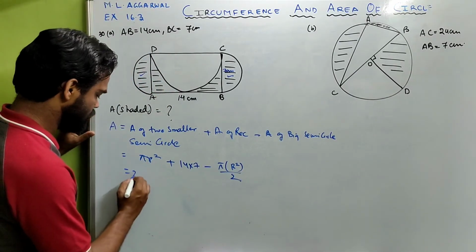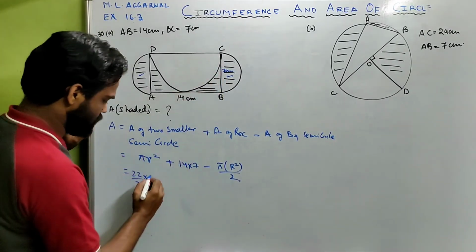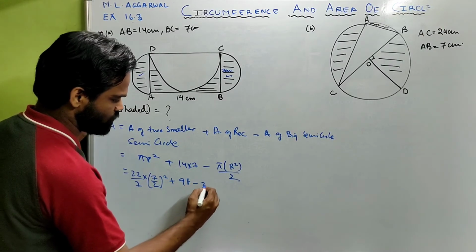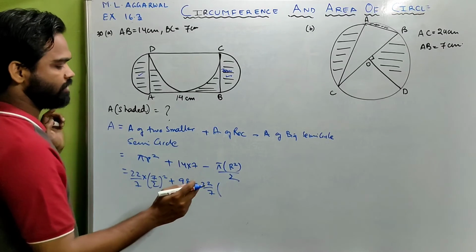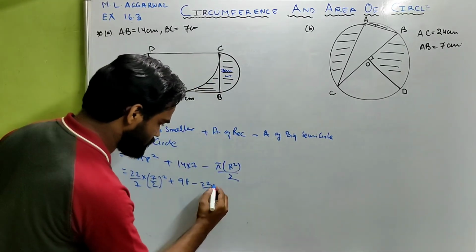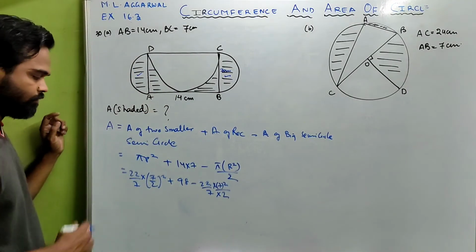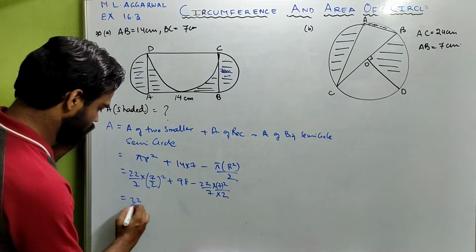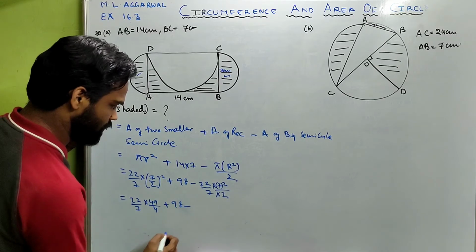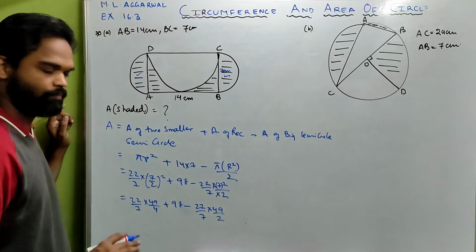Just substitute the value. So that's 22 by 7. r is how much? This is 7 by 2 whole square. This is 98 minus 22 by 7. And capital R is how much? This is 14. That's 7 square by 2, isn't it? Just do the calculation. That's 22 by 7 multiplied by 49 by 4 plus 98 minus 22 by 7 multiplied by 49 by 2.